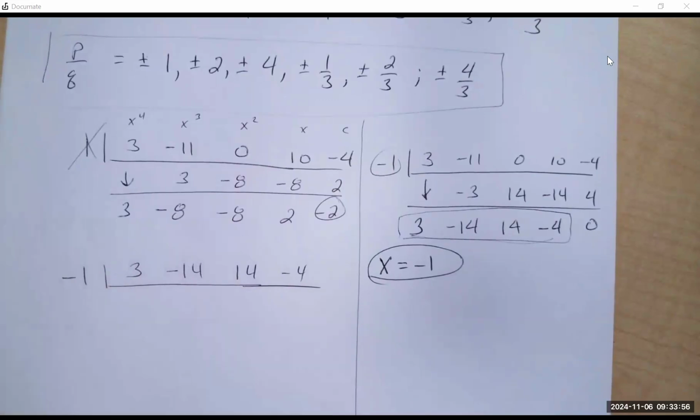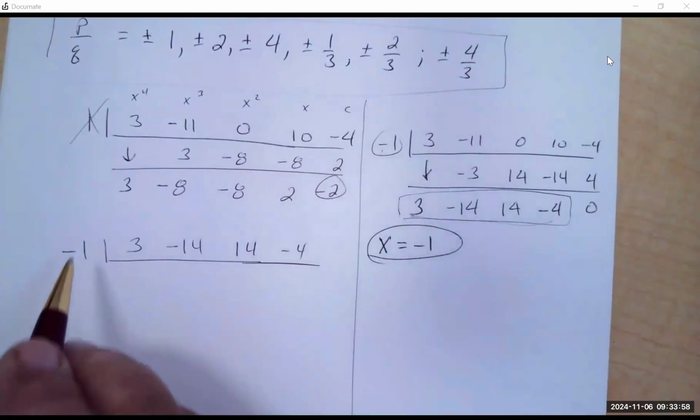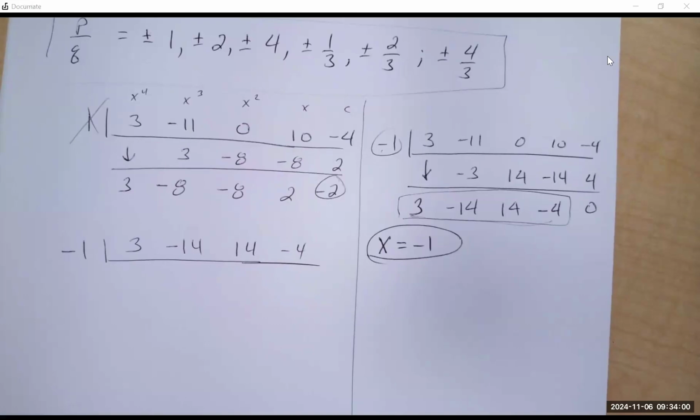Try with -1 again. Whatever this one is, try it again. It could have a multiplicity. Remember, multiplicity is when you have multiple of the same answers. So -1 could also have 2 or 3 or 4. All of them could be -1. So we have to check it.